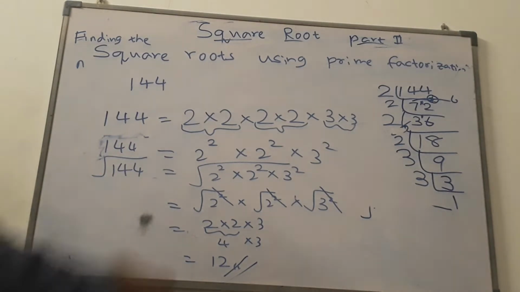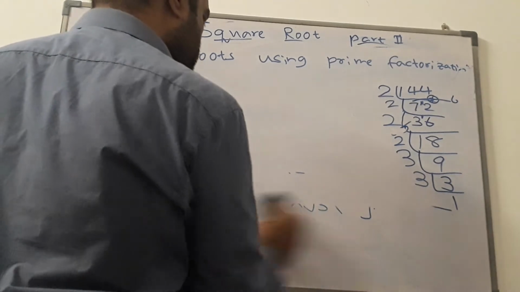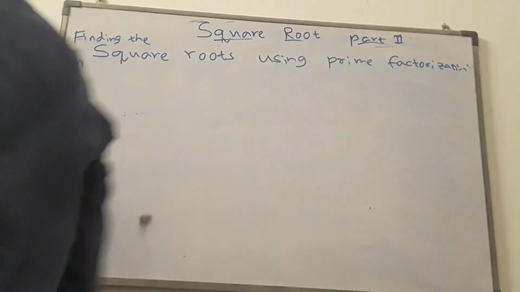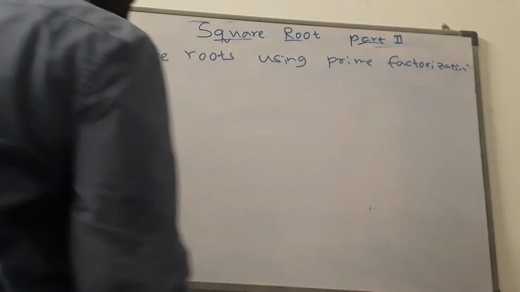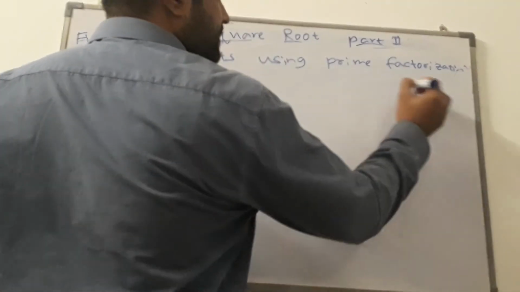Two more sums. 196. We want to find the square root of 196. First we will factorize this.